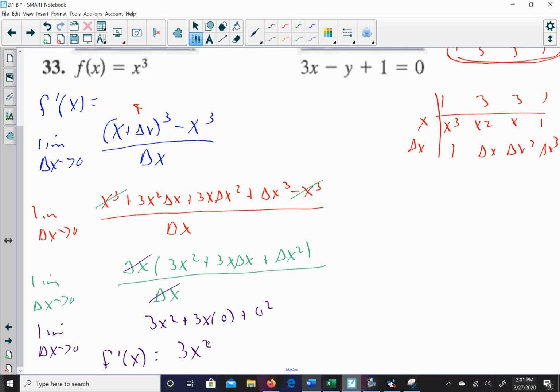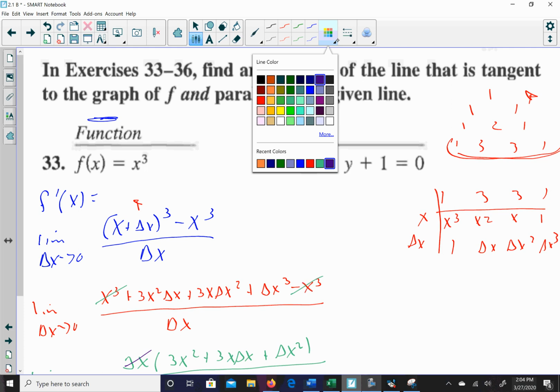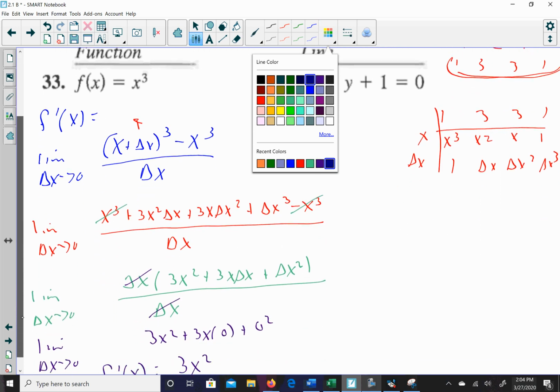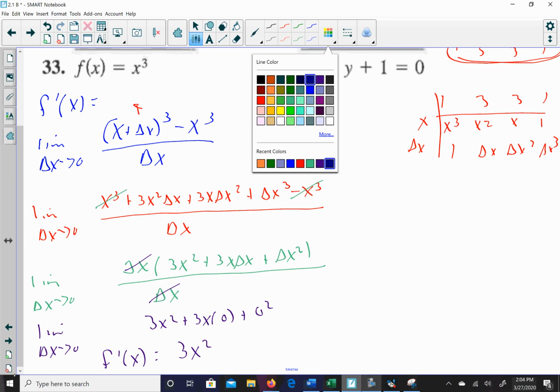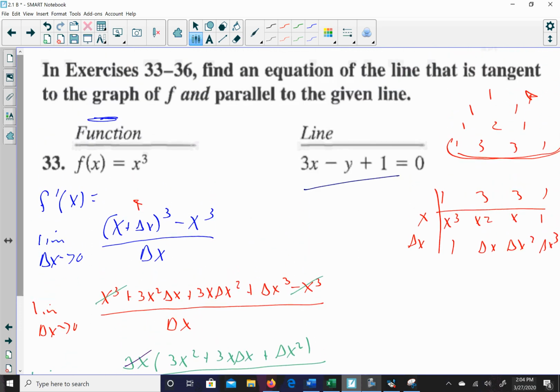So that tells me the slope of the tangent line of the function. So I know the slope of my tangent line is going to be this 3x squared. And I want to be parallel to this line up here. So I have to find the slope of this line up here.